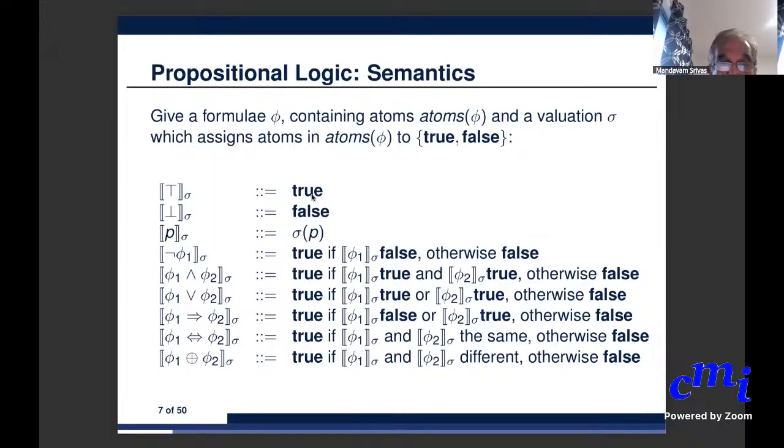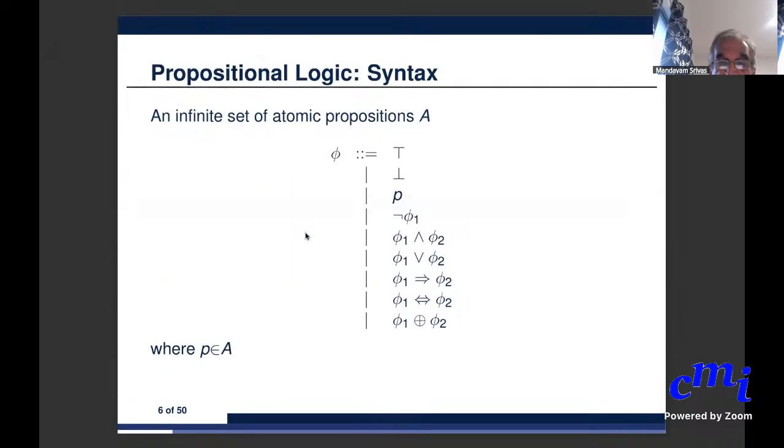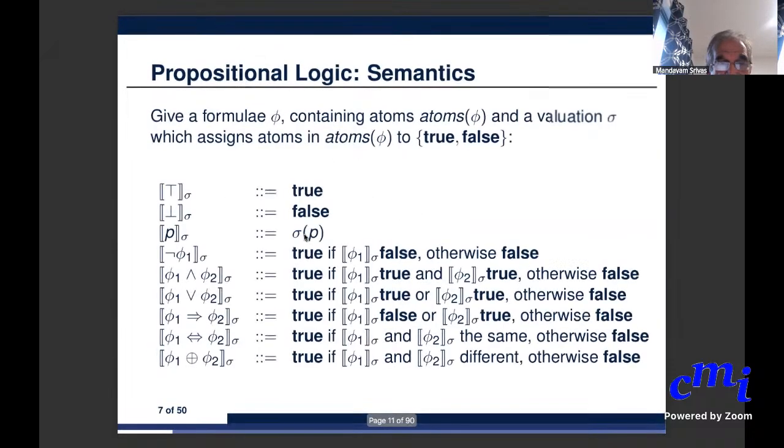You first define the truth value of the atomic formulas, the first three rules, and then the last set of rules gives the semantics of logical connectives, which are described by giving the truth value of a compound formula in terms of its subformulas.